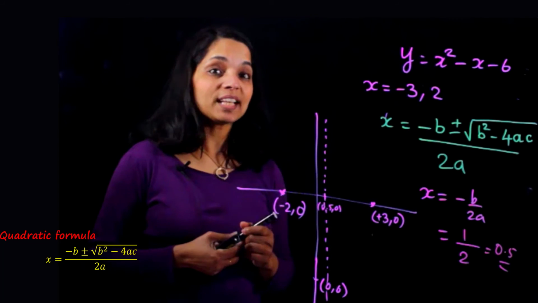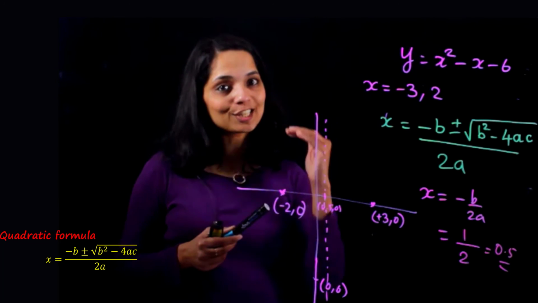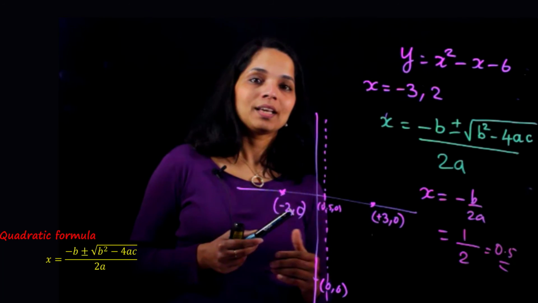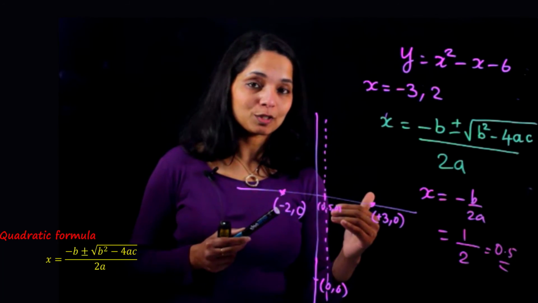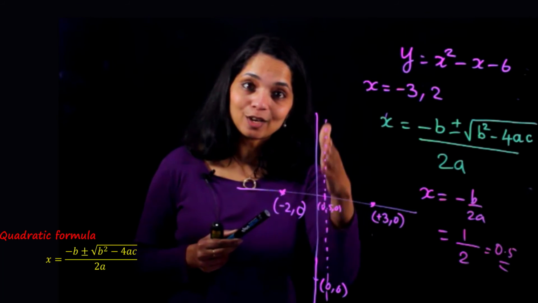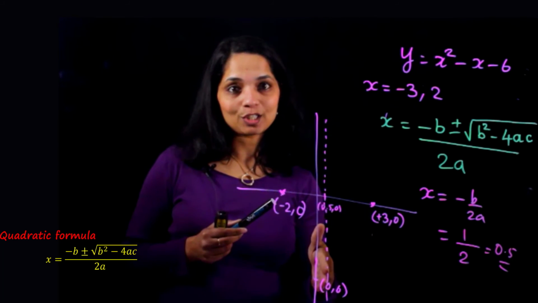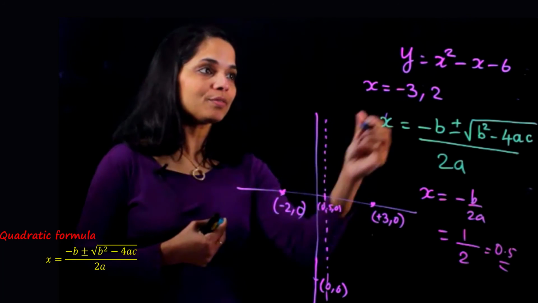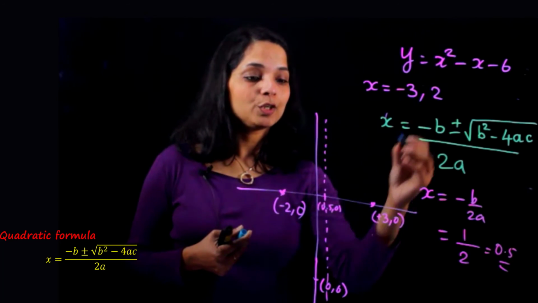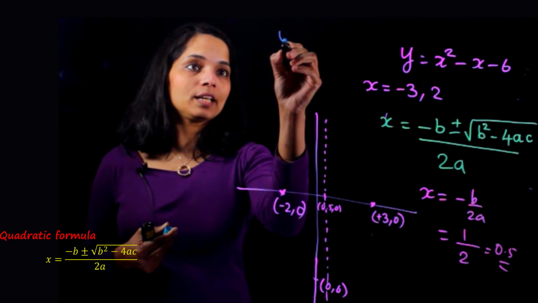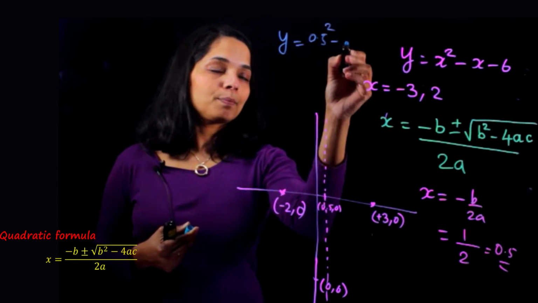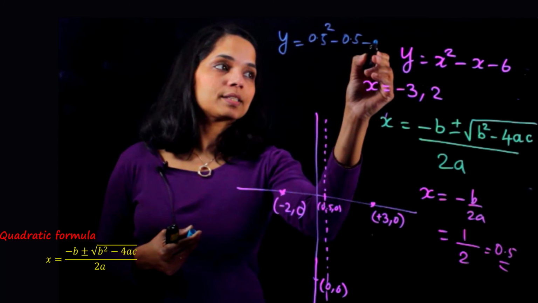Okay, so once I get the axis of symmetry, the vertex lies exactly on the axis of symmetry. So when you substitute x equals 0.5 into this equation, you get the turning point. So y equals 0.5 squared minus 0.5 minus 6.